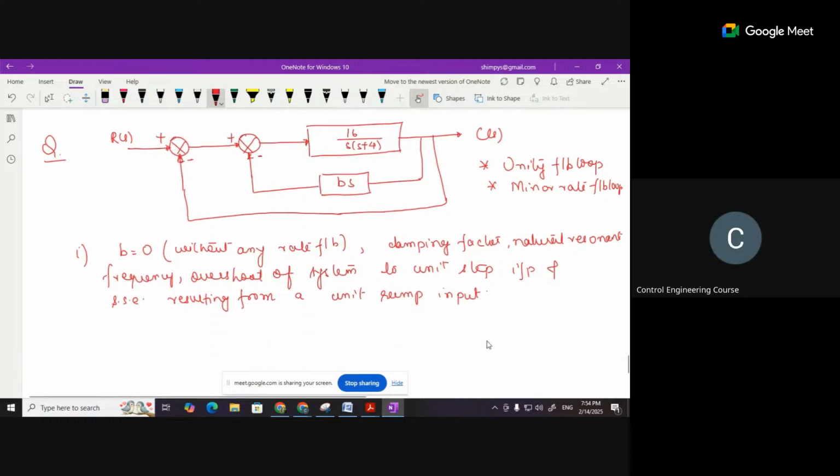And the second part says you have to find the rate feedback constant, which will increase your equivalent damping factor to 0.8.